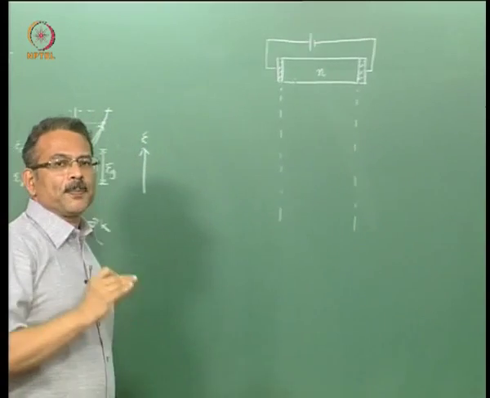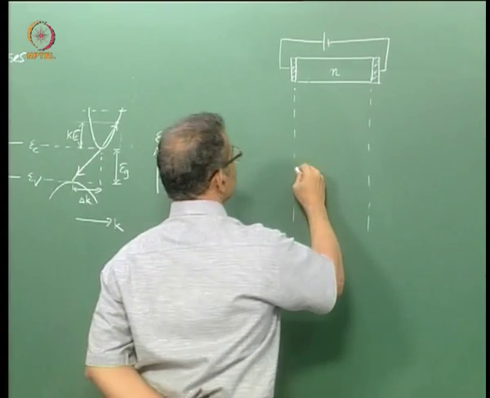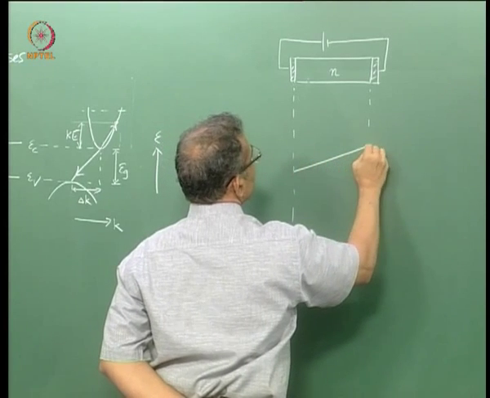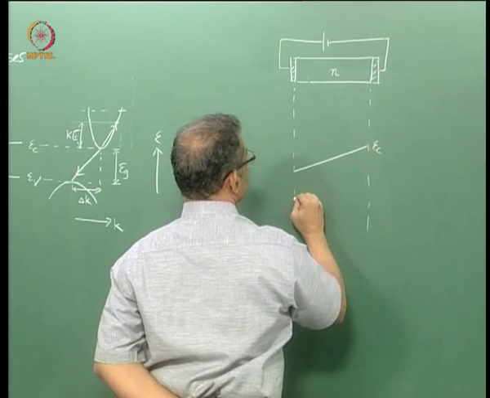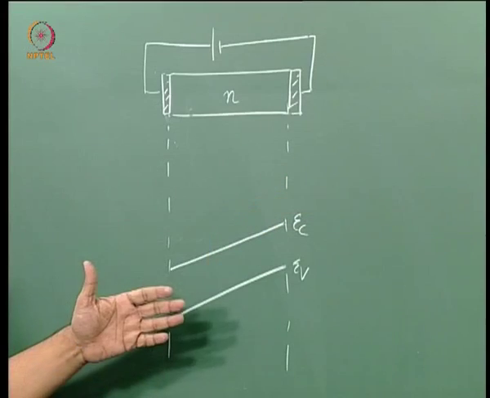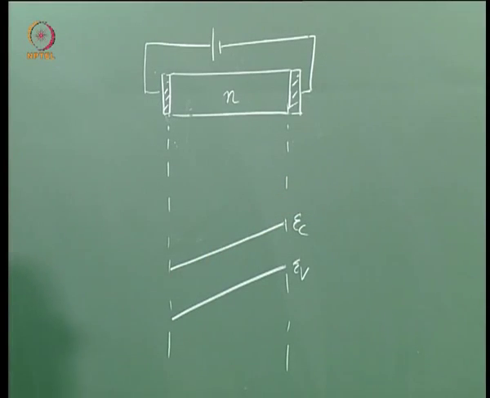Now if you show the process only on the Ex diagram, it would look like this. So this side is positive, so your conduction band edge and valence band edge would be something like this. We have drawn this band diagram in one of the earlier lectures, right? Uniform semiconductor, a bias has been applied.